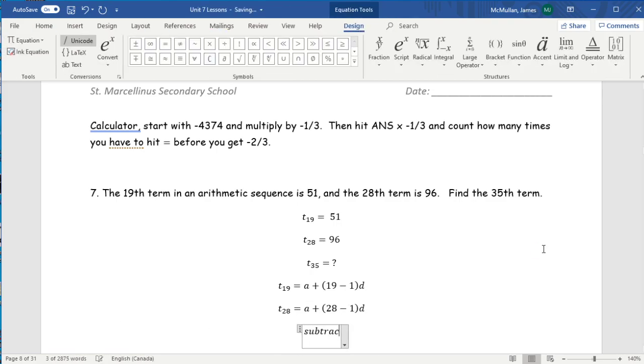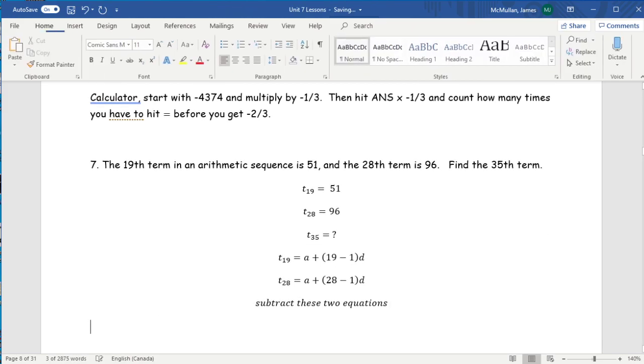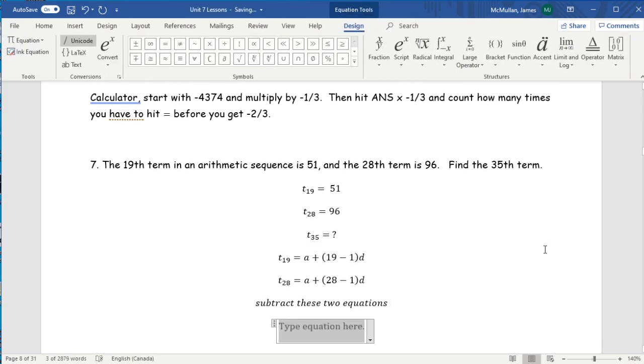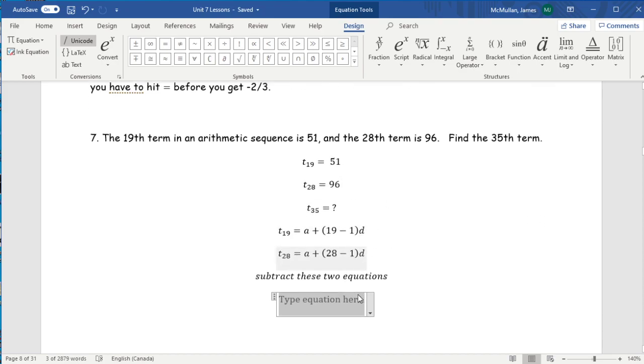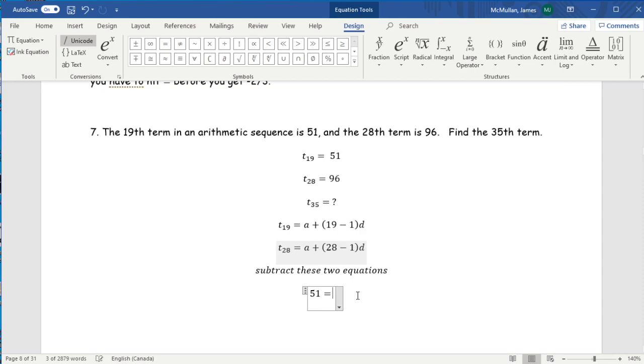Now what I'm going to do here is subtract these two equations. So let me write it one more time. Term 19 is 51 equals a plus 18d, and the other one, 96, equals a plus 27d, right?